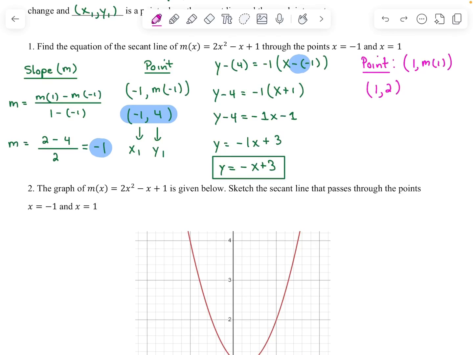So the equation of the secant line will be y minus 2 is equal to -1 times the quantity x minus 1. If we distribute the -1, we have y minus 2 is equal to -1x plus 1. Now we're going to add 2, and you will see that no matter which coordinate we use, we will get the same equation. On to question 2.